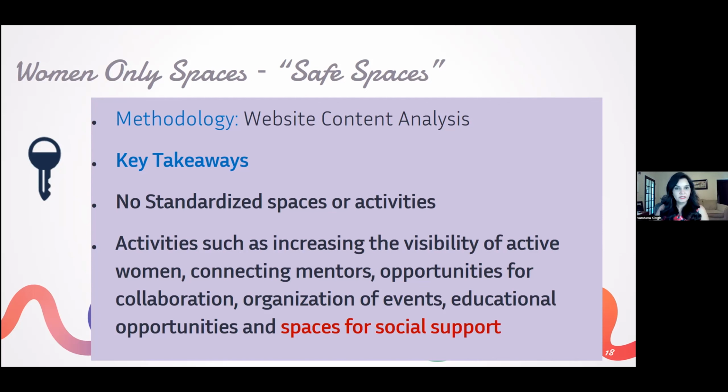The types of activities that women were doing in these spaces were things like increasing the visibility of active women, so showcasing the success of women, giving role models, right? Connecting mentors to women, giving opportunities for collaboration, organization of events, educational opportunities, and spaces for social support. So these safe spaces were experienced as spaces for social support.